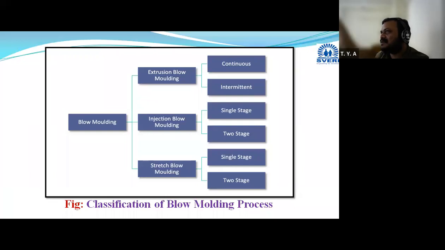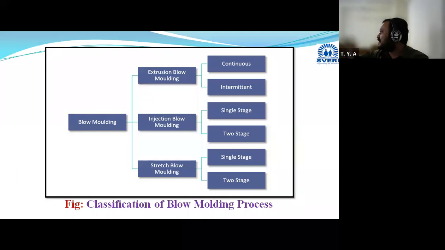And whichever concept you have used, that type name you can give. If we are performing these operations on different machines, suppose the Parison or preform preparation is done on one machine, and the blowing, cooling and ejection operations are performed on the other machine, then it will be considered as two-stage or intermittent.